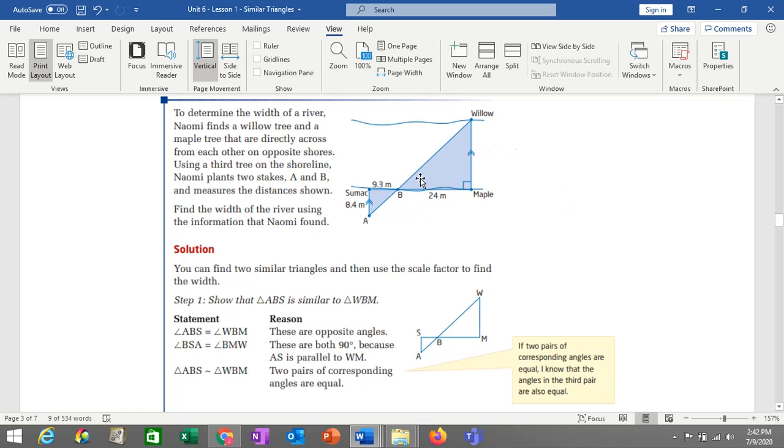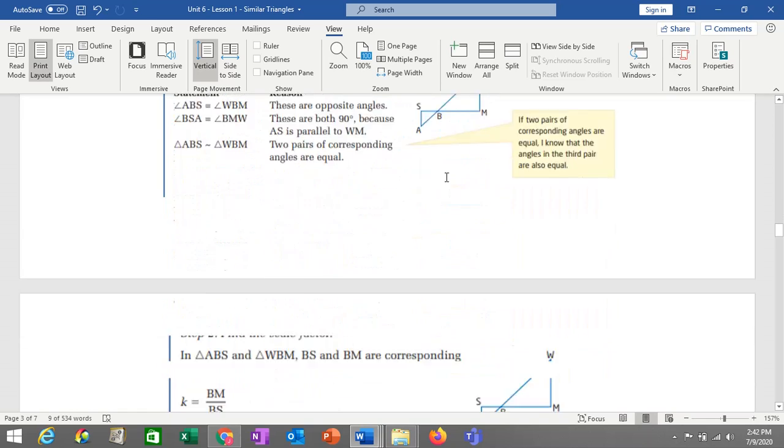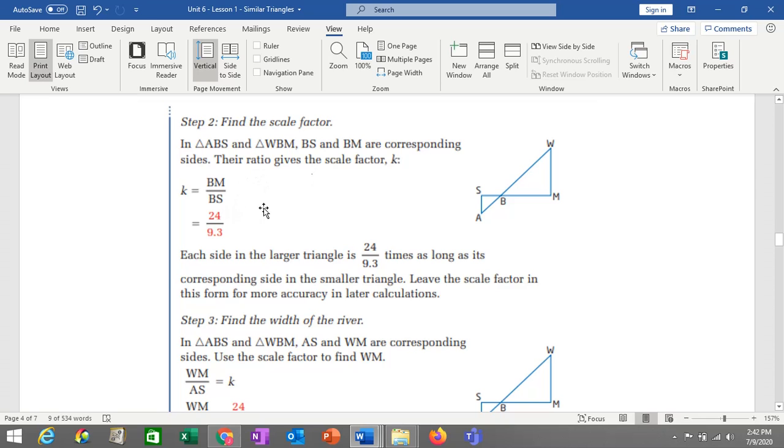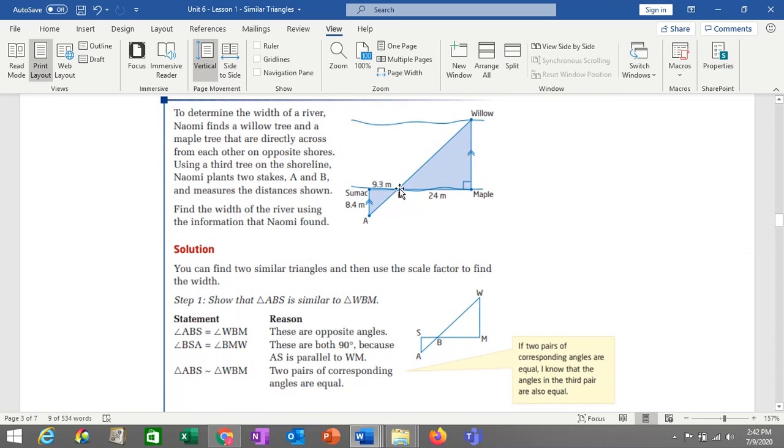So we just need to set up a ratio. So BM over BS will give you the scale factor. So from here to here will give you from there to there, right? It's a little bit tricky maybe to see which sides correspond, but I think you can see if you rotate this one this way, so that this piece goes there, 180 degrees essentially, you'll have the triangle in the same orientation that this is.